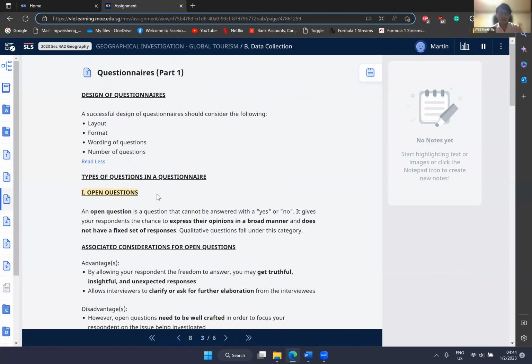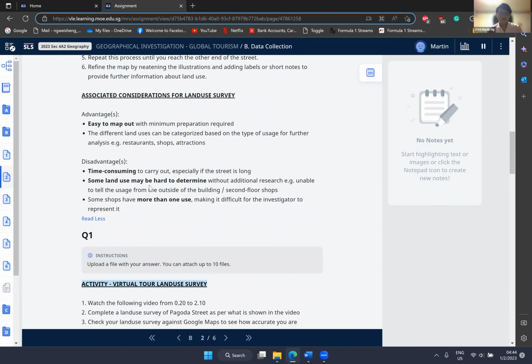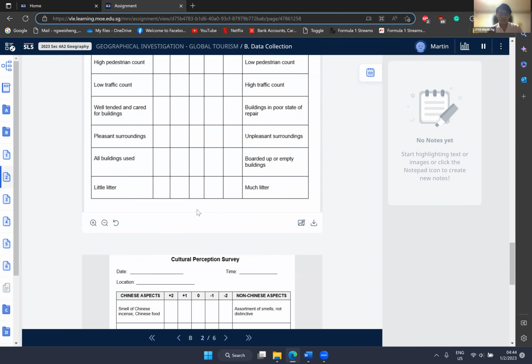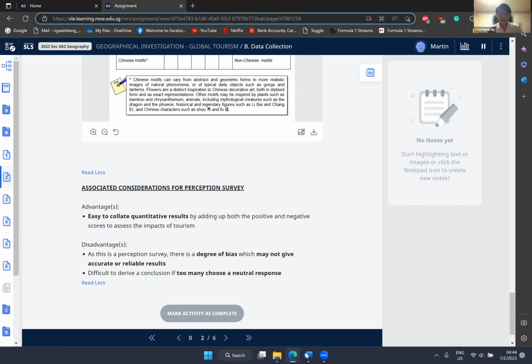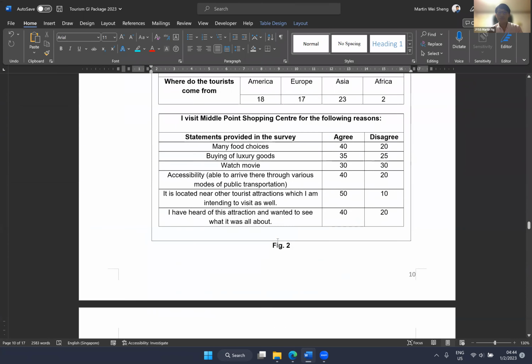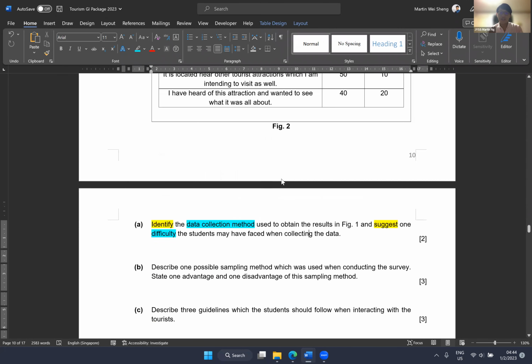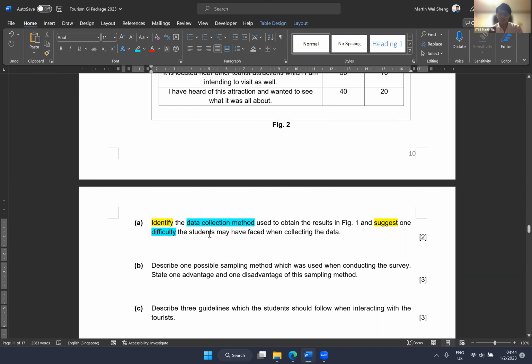So among these five data collection methods, you have to decide which among these 5 would actually help us to identify the type of shops in a location. All right. So that would be your answer. Then you have to give some difficulties of carrying out that kind of data collection method.